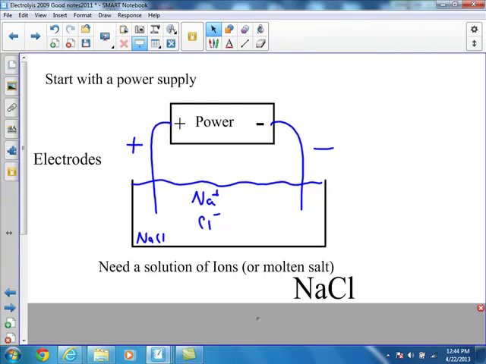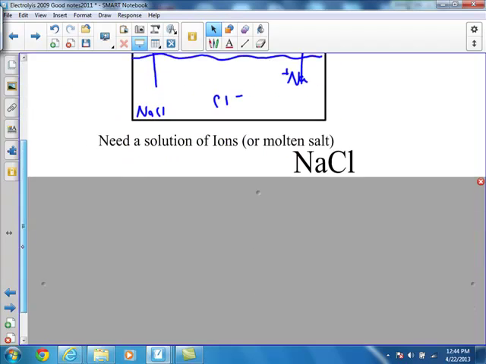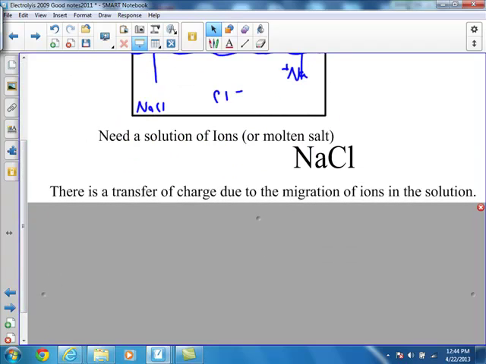What's going to go over to this negative side? Na. The Na is going to go over here. Okay, so the Na migrated over there. And what's that Na going to pick up when it migrates over there? So there's going to be a transfer of charge due to the migration of ions in the solution.